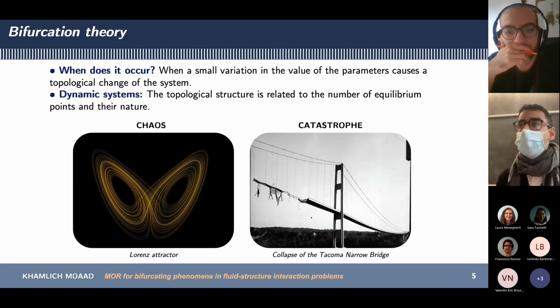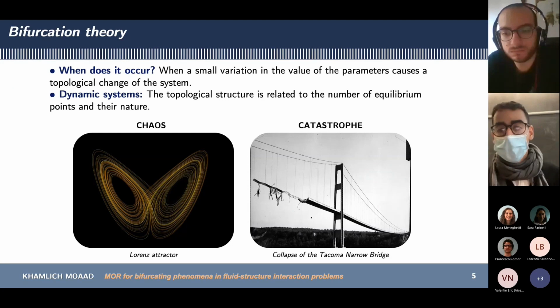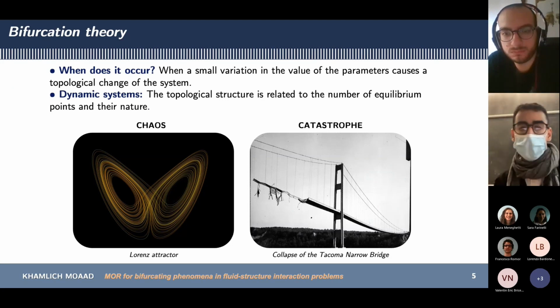And these changes, from a dynamical system point of view, can be linked to the change in either the number or the nature of the equilibrium points. And by nature, I basically mean the stability properties of the solutions.